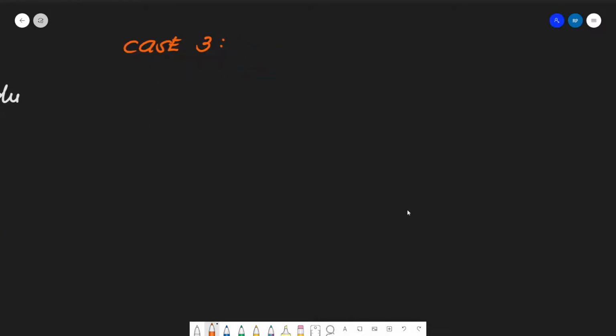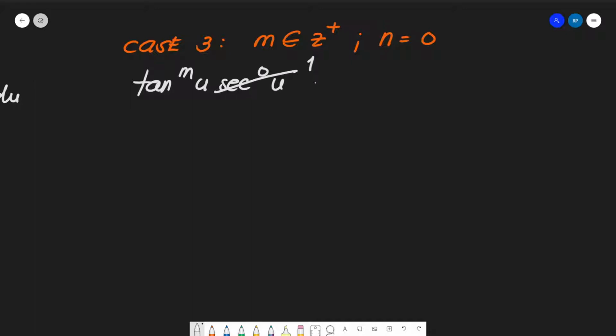So sa case number 3, kapag daw yung m is a positive integer but yung n is equal to 0. Now, ibig sabihin, wala tayong makikitang second term. So, from this, tangent raised to mu, obviously, secant raised to nu or secant raised to 0u, this is equivalent to 1. So, wala na tayong problema doon.